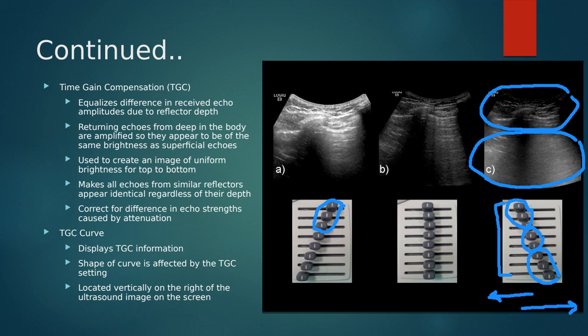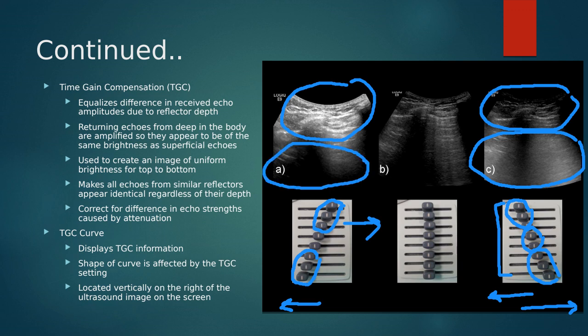So we're making the posterior part of our picture darker, and the anterior part brighter. And you can see that here: brighter anterior, darker posterior. Each of these little knobs adjusts the brightness of that specific level range depending on which way you move it.